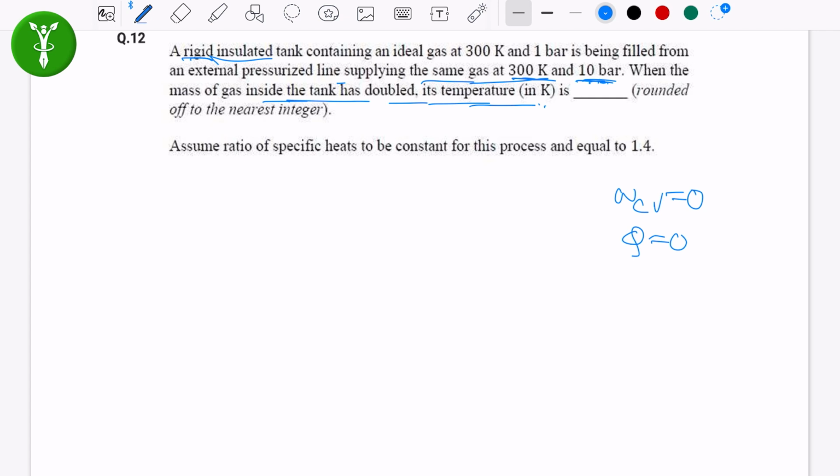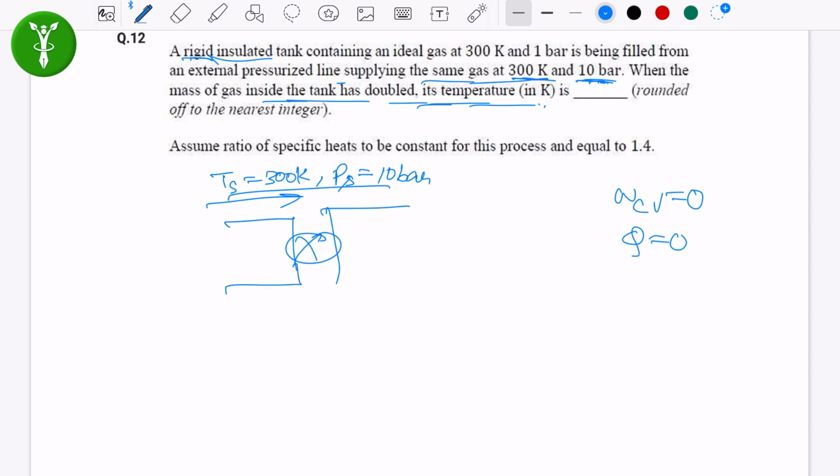So what will happen to temperature? Okay, if mass has been doubled, so let's solve this question. This is the case. We have the supply line temperature Ts, let's say 300 Kelvin, and Ps is 10 bar. And we have the tank here.